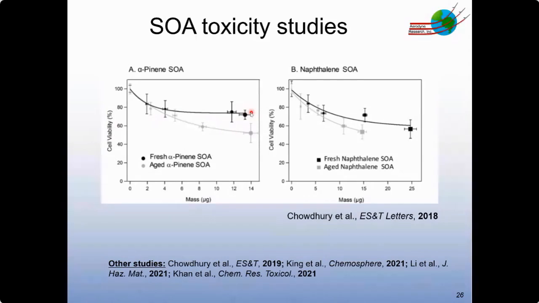So the less viable the cells are following exposure, particularly at these higher sample masses of SOA, the more toxic the SOA is. And that was observed for both biogenic SOA and also anthropogenic SOA.